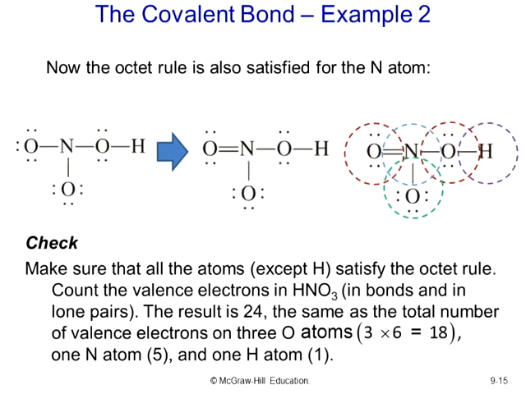So we look at our skeleton drawing, and we observe that nitrogen in particular does not have sufficient electrons around it in the skeleton structure. So since nitrogen currently does not fulfill the octet rule, we borrow 2 electrons from the oxygen, and we move them between the oxygen and the nitrogen.